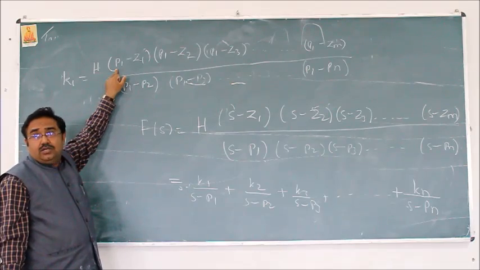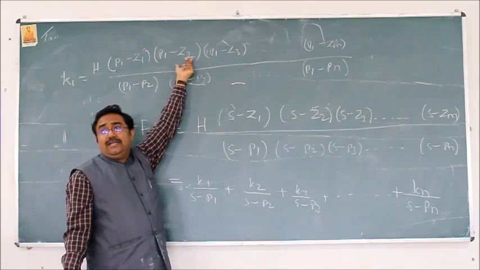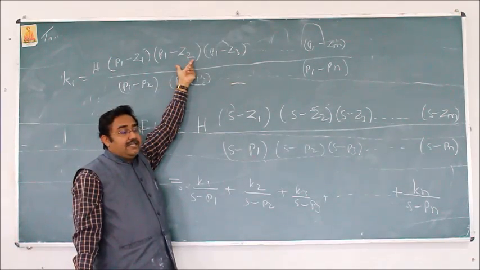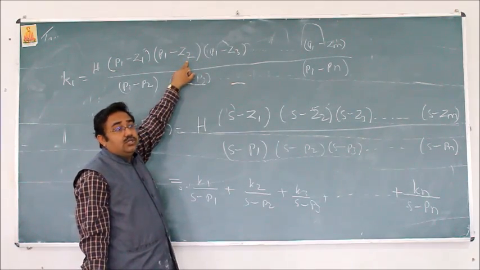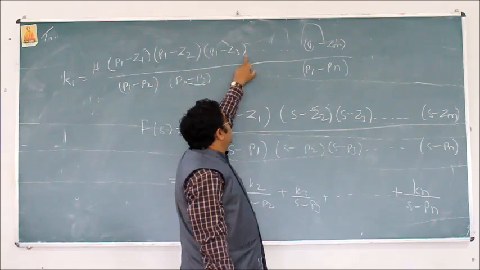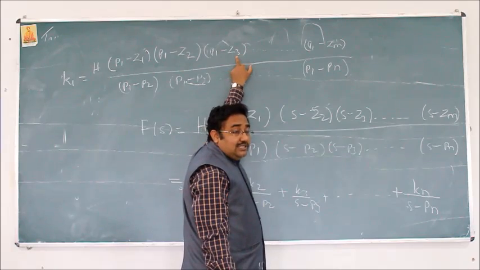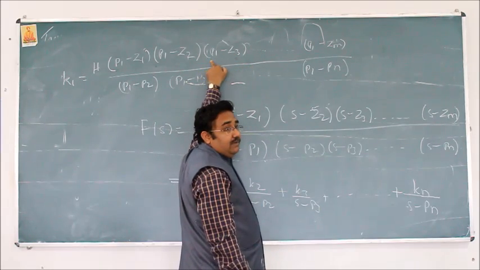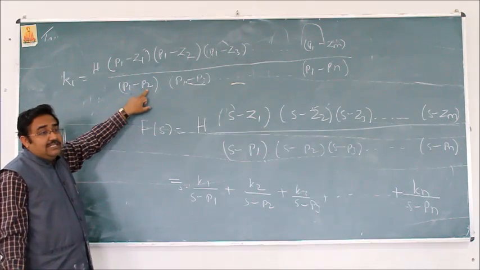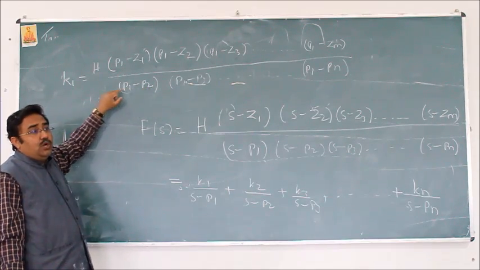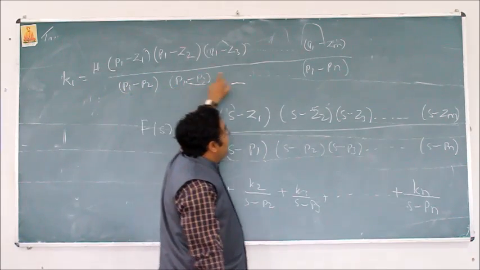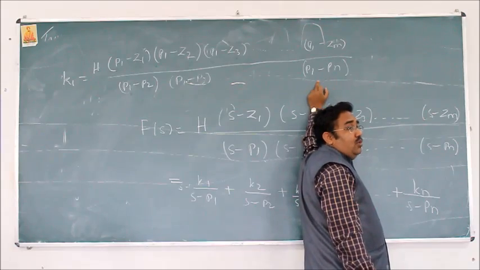Similarly, this is a phasor drawn from zero Z2 up to P1, and this from zero Z3 up to P1. This is the phasor drawn from pole P2 up to P1, and that is the phasor drawn from Pn up to P1.